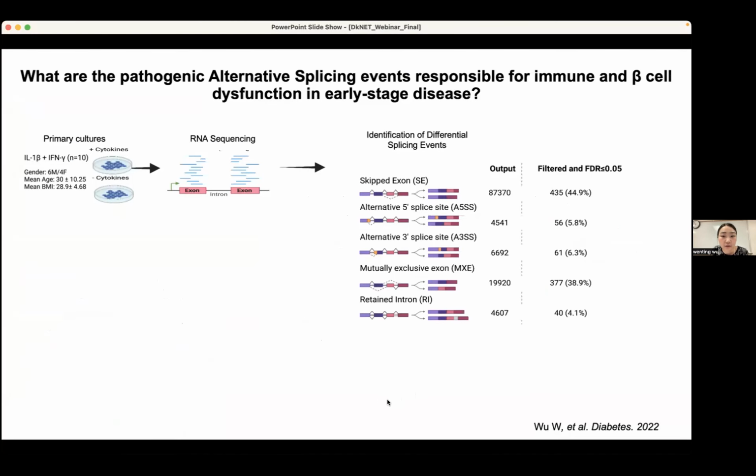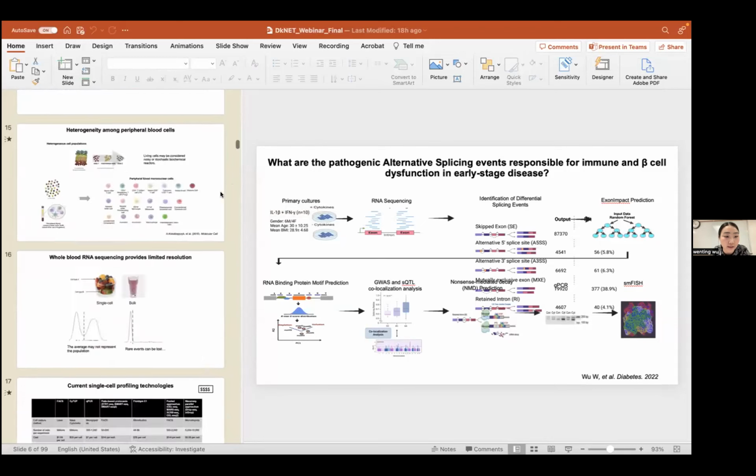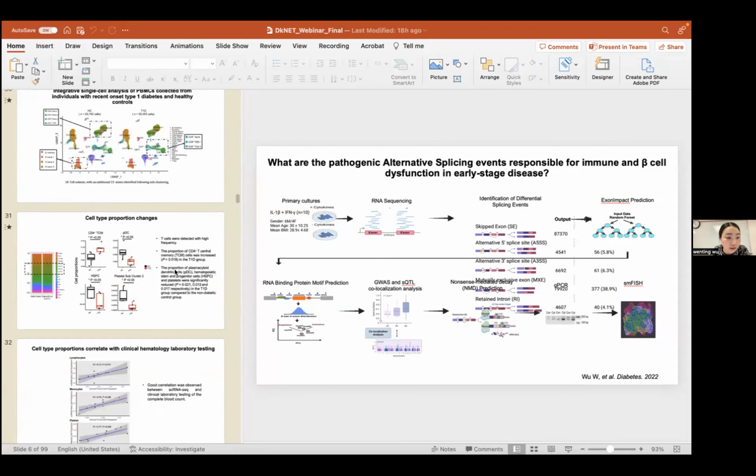And for the functional relevance, we have done some differential expression and pathway analysis that I haven't shown today in the talk.